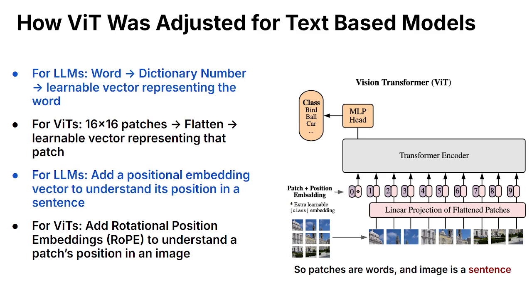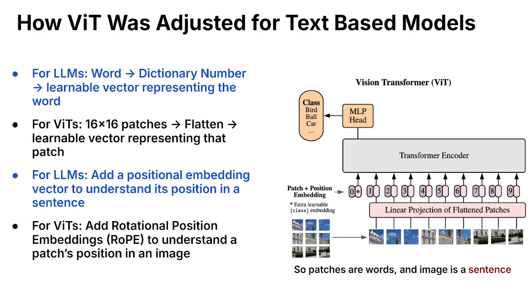But if we wanted to use the LLM or the transformer for anything vision related, we had to make some adjustments so that images could translate into one-dimensional data. And we all know that this is inherently problematic, because just as speech is one-dimensional, an image is not. An image is a two-dimensional signal.